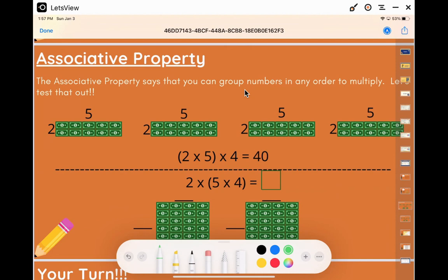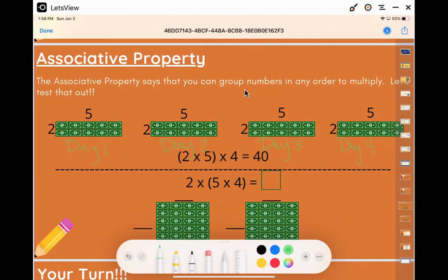The associative property says that you can group numbers in any order, and so we're testing that out now. So this picture represents each day that Juan worked. We have day 1, day 2, day 3, and day 4.